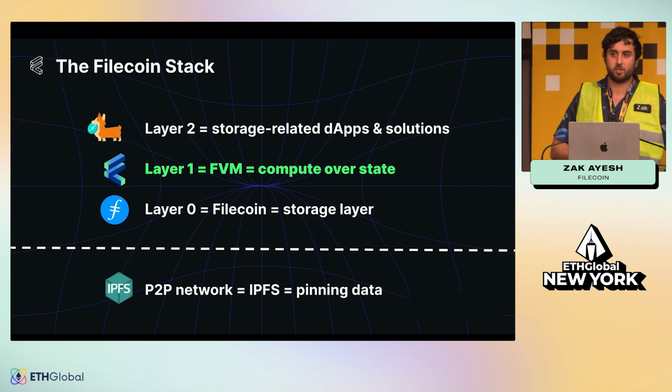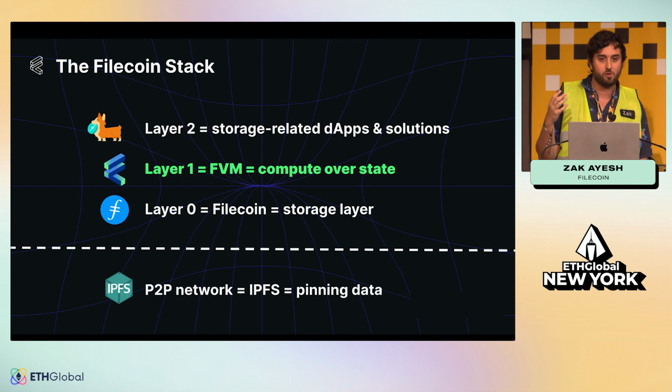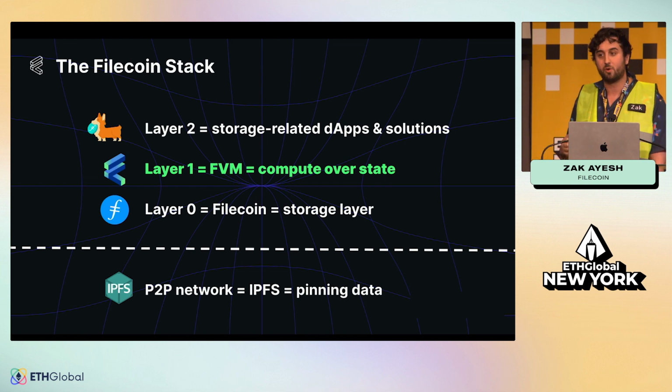So the most common question and confusion that we get is between IPFS and Filecoin, right? A lot of developers know IPFS, a little less know Filecoin, and a lot of people want to know what is the difference, right? Some people heard Filecoin is an incentivization layer on top of IPFS. That is incorrect. IPFS and Filecoin are two separate networks. IPFS is a peer-to-peer storage and file sharing network, much like BitTorrent.